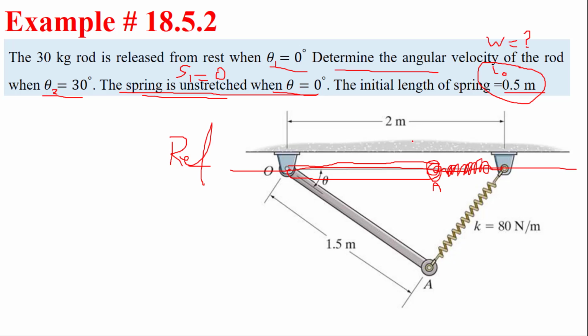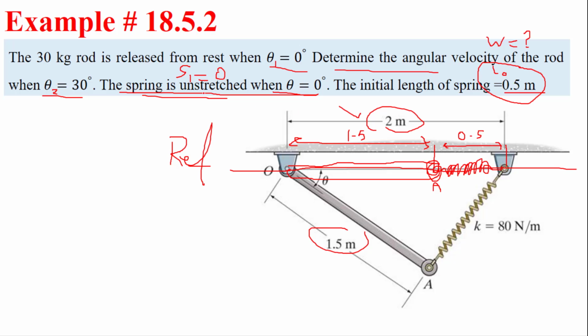So the length is equal to 0.5, and the rest is the length of the rod, which is 1.5. The summation of 0.5 and 1.5 is 2 meters. So it is trying to tell you that there is no stretching.